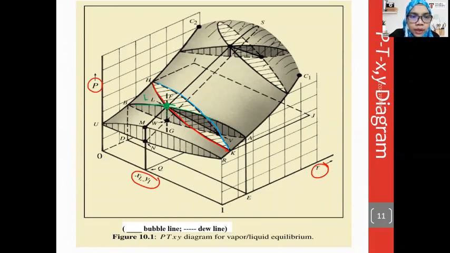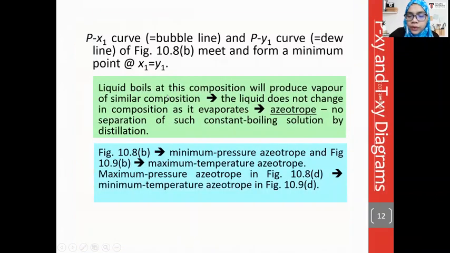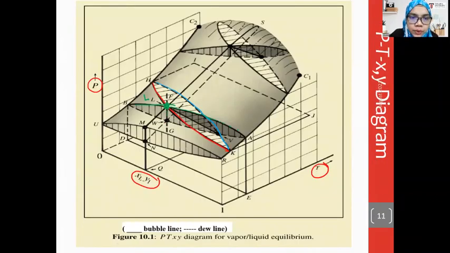If we reduce the pressure until it reaches the dew line, this is our last drop of the liquid phase, and if we decrease further, it will reach the superheated vapor region. You can see we have this line here known as the tie line.